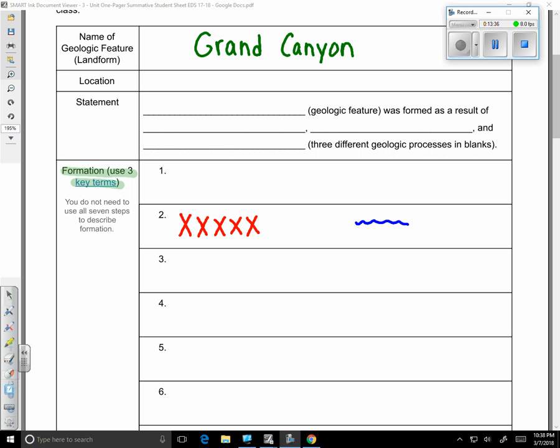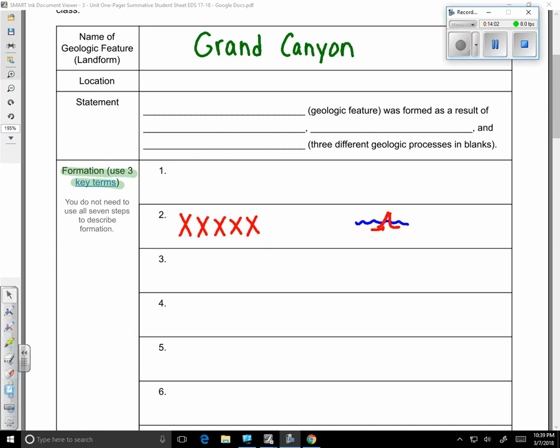And then you have convergent boundaries that hit and came up and caused the Rocky Mountains. And we know that this went up with the Rocky Mountains because at the bottom of the Grand Canyon, you can find metamorphic rock and you can find igneous rock.